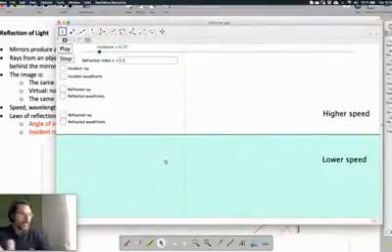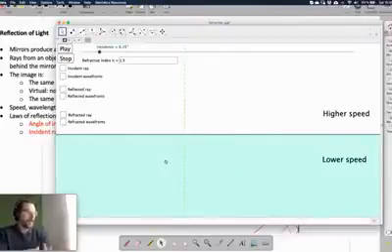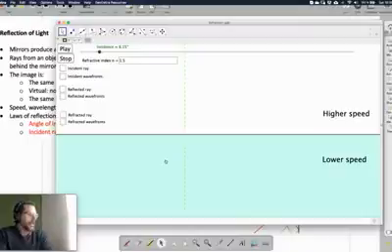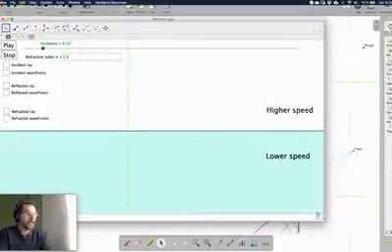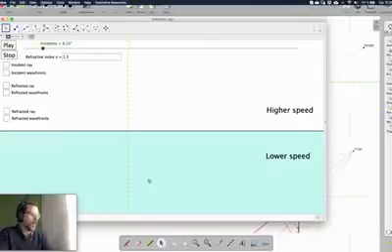Now, this will be a slightly more complex diagram, so don't worry, we'll take it slowly. The diagram that is being shown here represents a separation between two different mediums, shaded with this light blue color. We have a medium that can be considered as water or some kind of glass or whatever.